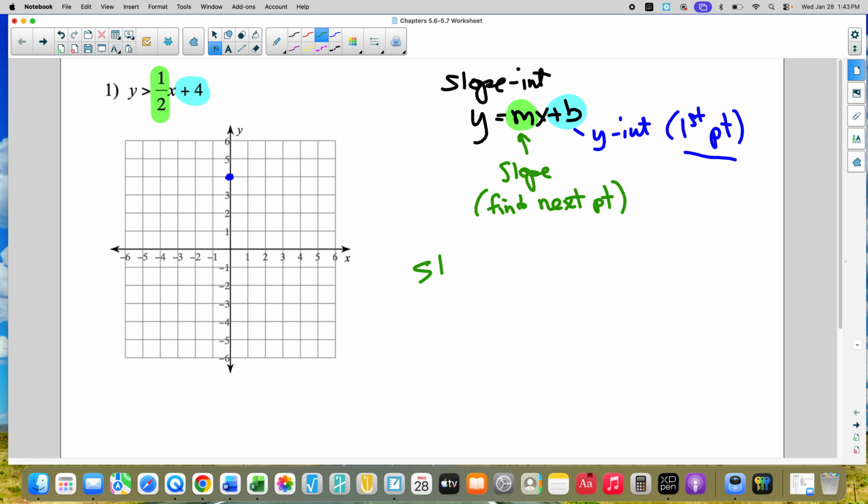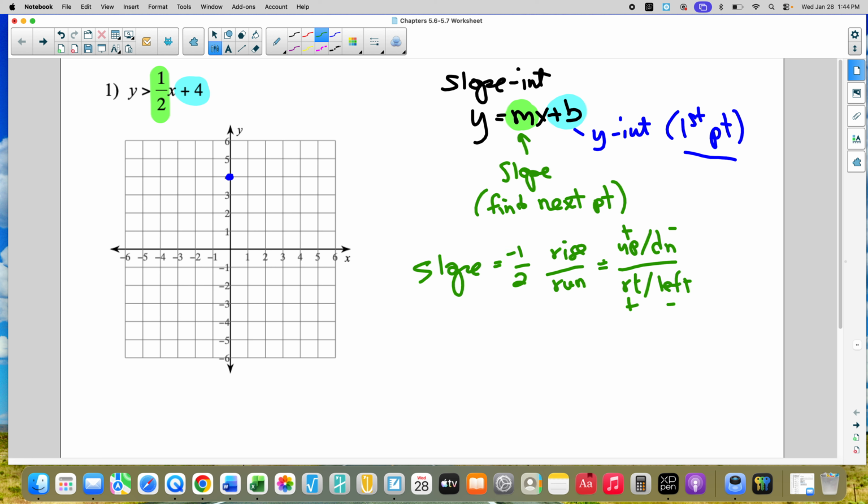When the slope is 1/2, remember, it is rise over run. So it's either going to go up or down, and then it's going to either go right or left. Up when it's plus a number, down when it's negative a number, right when it's plus a number in the denominator, left when it's negative in the denominator.